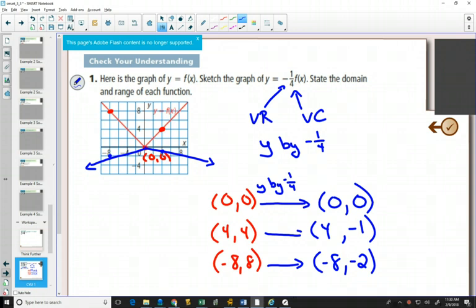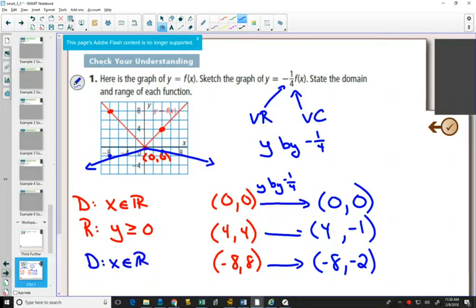This question also asked us to state the domain and range. So the domain and range of our original function, well, the domain was everything. Our range was bigger than or equal to 0. And on our image graph in blue, our domain is still everything, but now our range is less than or equal to 0.